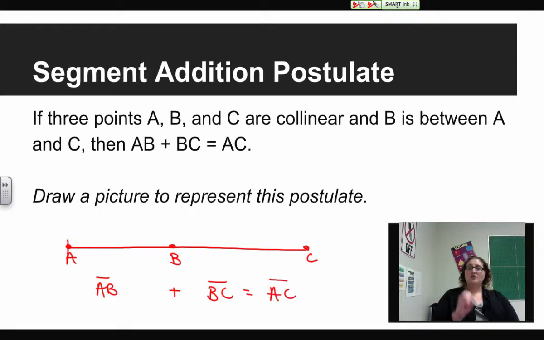So the sum of the parts is equal to the whole.